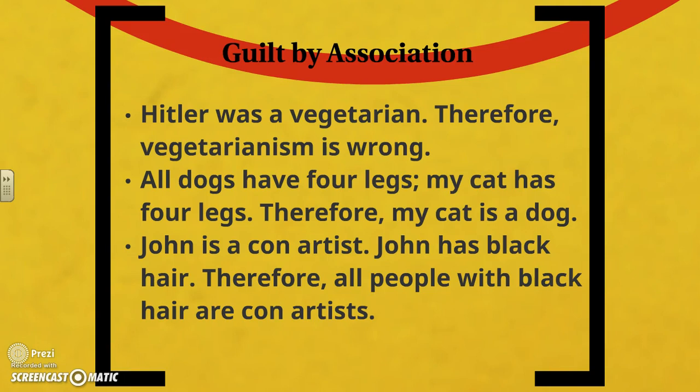This also is very similar to equivocation, and similar to the kerosene and Red Bull one with the Family Guy ad. John is a con artist. John has black hair. Therefore, all people with black hair are con artists. This idea here is that it doesn't match what's being said.